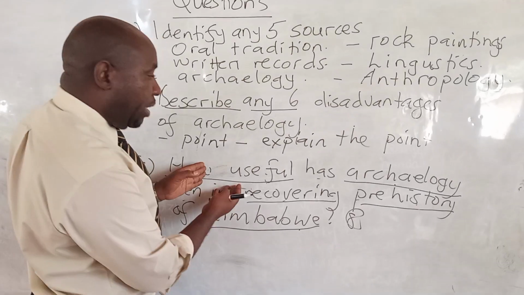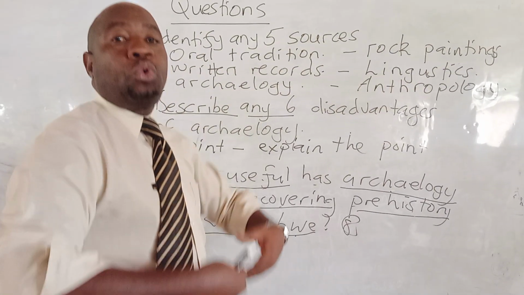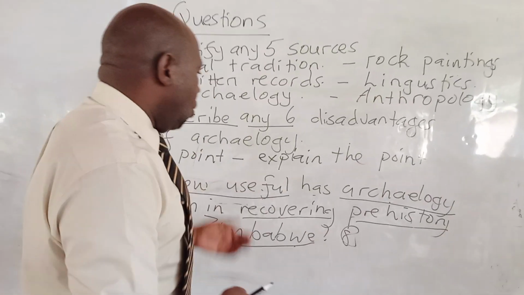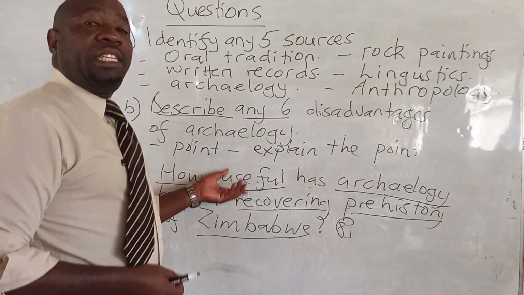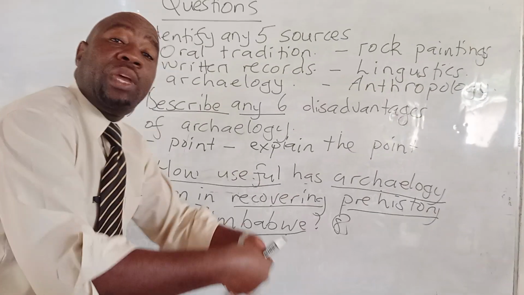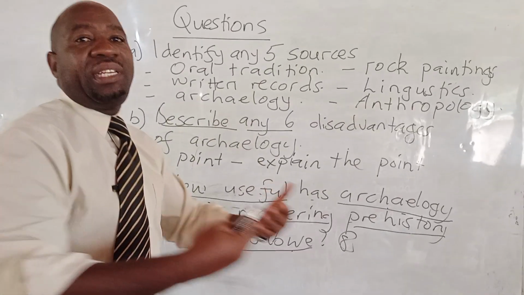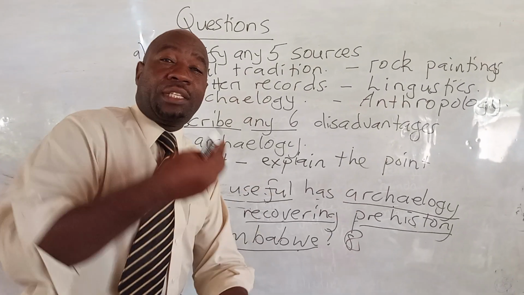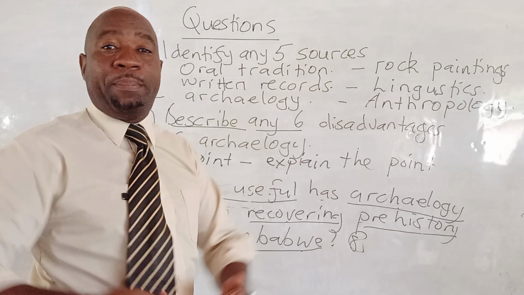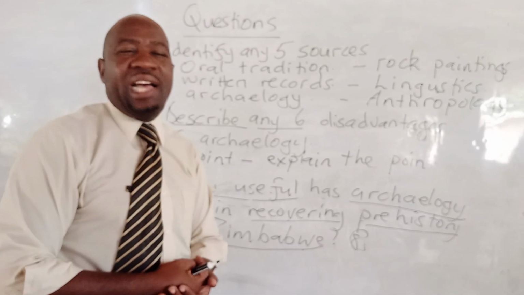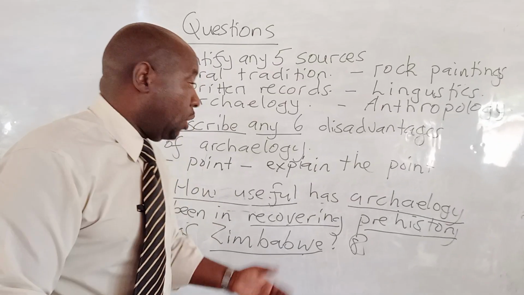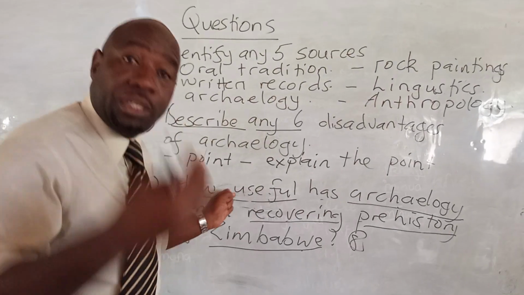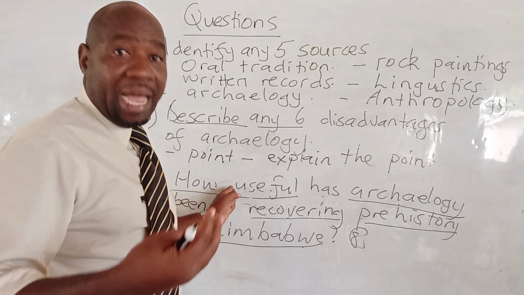Then when you have given your points, you skip one line. You now go to the lesser extent. We also see that although it is useful, to a lesser extent you talk about the disadvantages of archaeology: it does not provide us with names of people, decaying of artifacts. Those are the problems. So you can say that it is useful, but to a lesser extent.